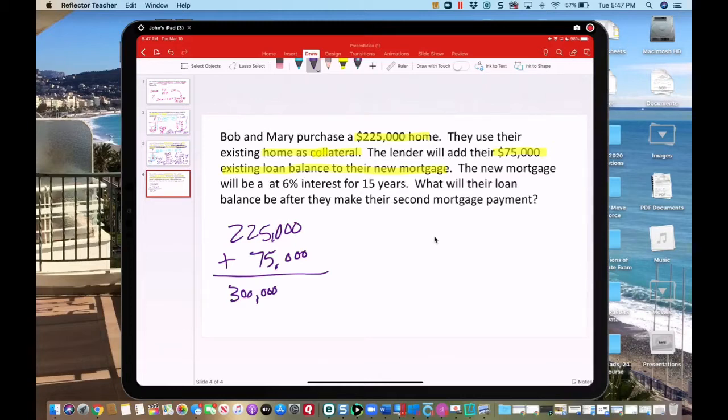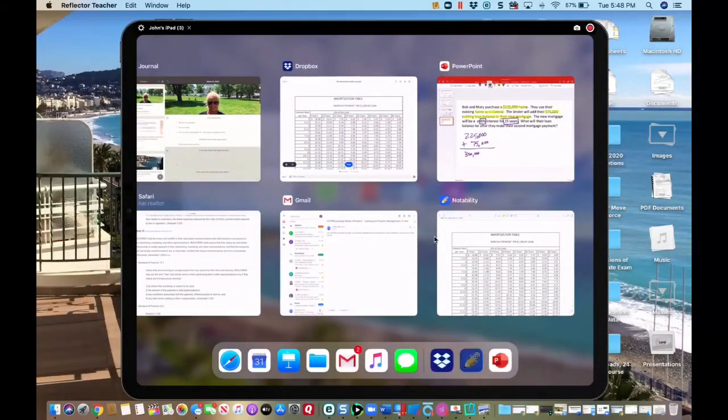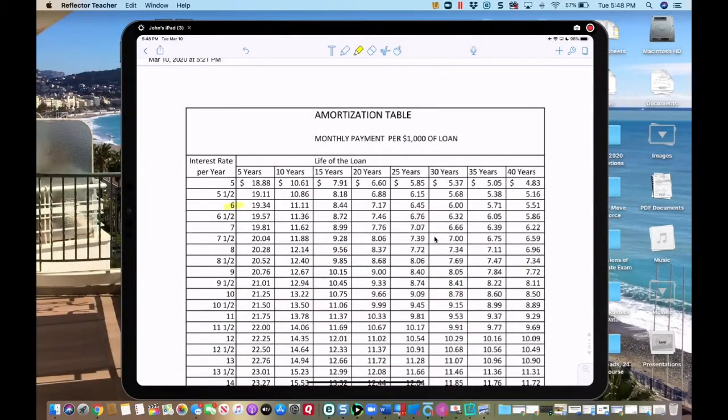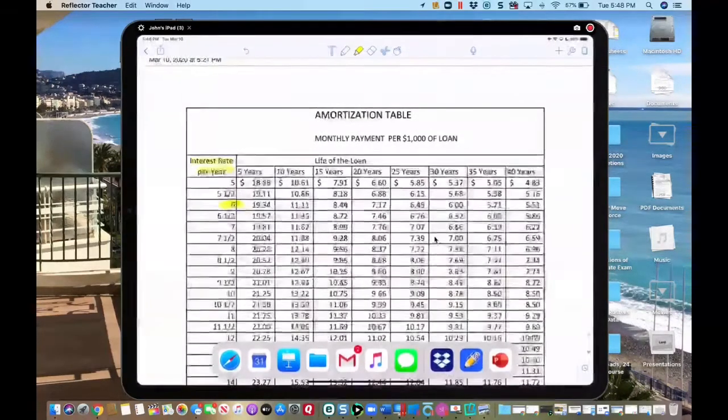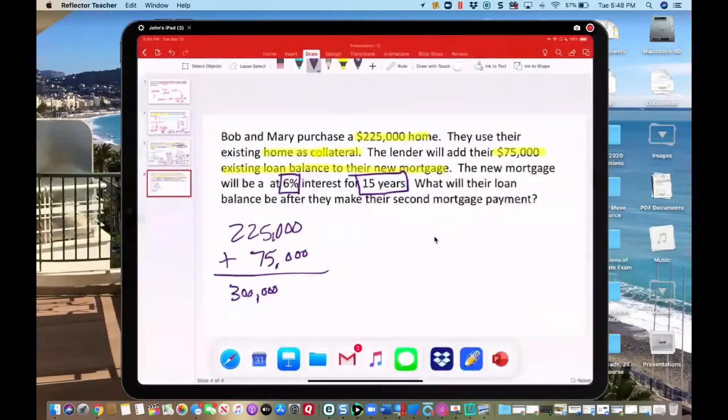Now, the interest is 6% for 15 years. So again, we want to go to the table right over here, 6%. I got that. That's my interest rate, 6%. For how many years? I think it was 15. 15 years. There it is right there.